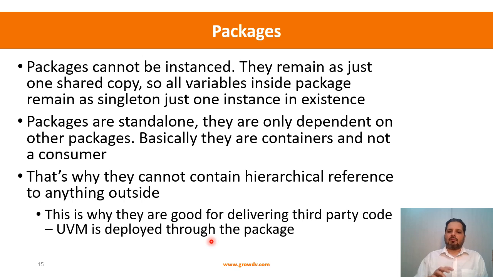But my package that I am giving to somebody is still accessing that local code. So when somebody uses it, it will fail because that particular hierarchical path is non-existent in their environment. And then there's an unnecessary conflict saying, hey, it works in my environment, why is it not working in yours? Such scenarios do not happen with packages. That's why they are good for delivering third-party code. Those types of mistakes cannot be made. That's why UVM is deployed using a package.